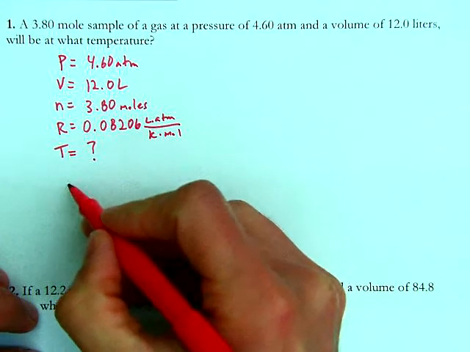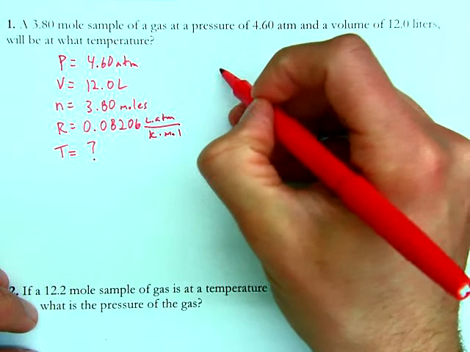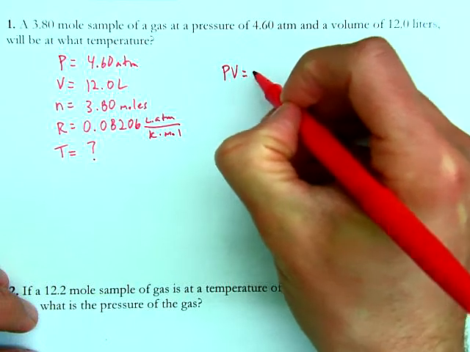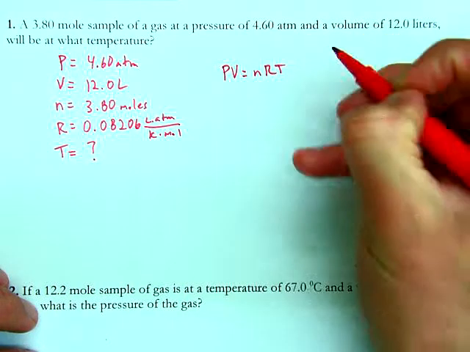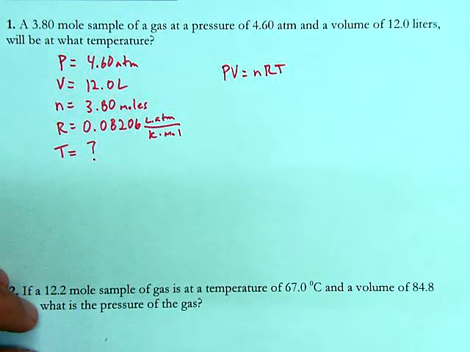So let's plug them into the ideal gas law. PV equals nRT. Okay.